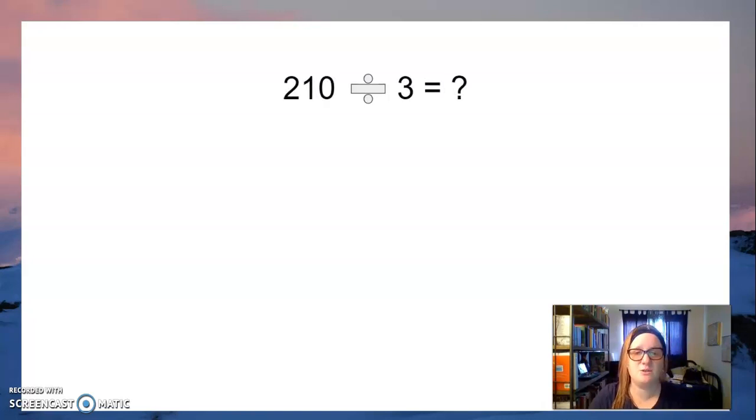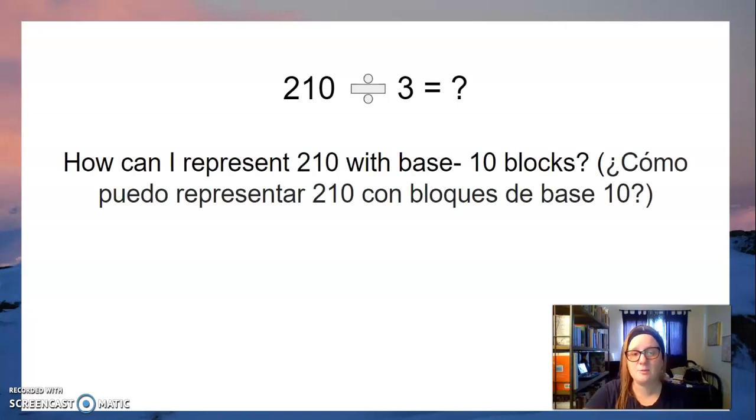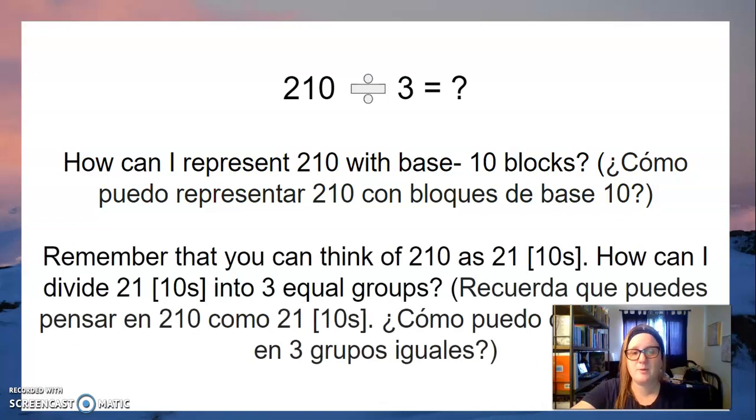Now, what do you think 210 divided by 3 is? How can we represent 210 with base 10 blocks? Remember that you can think of 210 as 21 tens. How can I divide 21 tens into 3 equal groups? Okay, so now you guys just practiced all of those division problems. 21 divided by 3 is going to be the exact same thing.